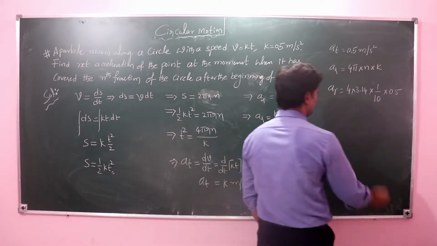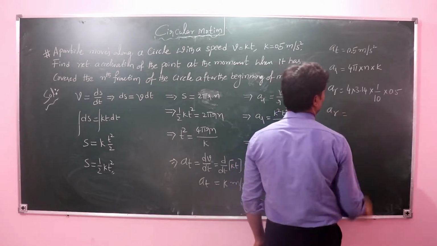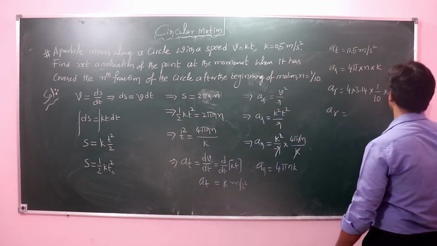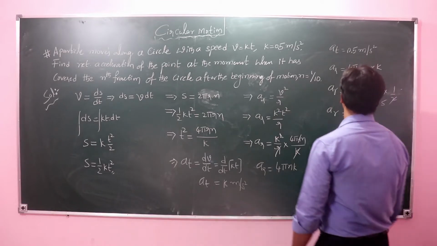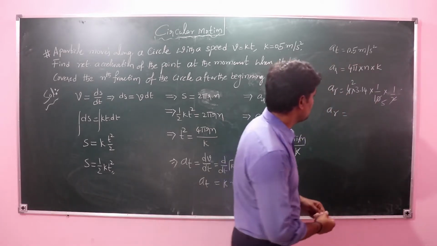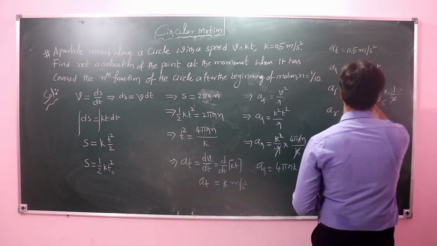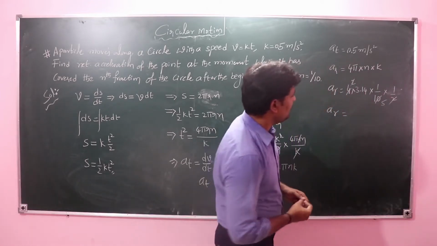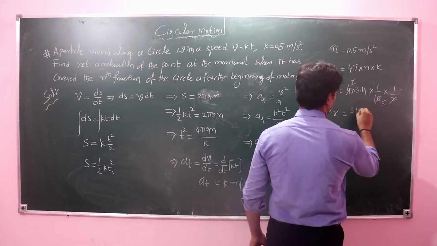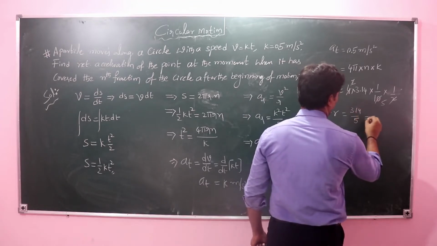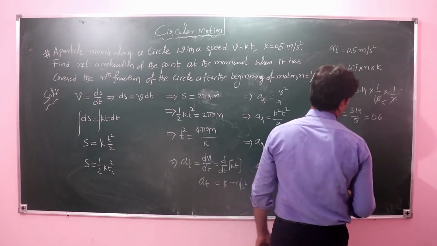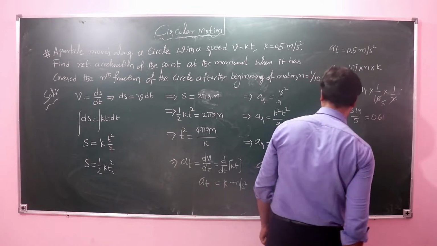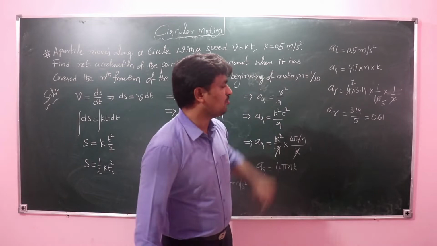How much are you getting? Let's see. I am writing it as 1 by 2; 2 cancels, and this is 5. So the value is simply 3.14 upon 5, which is nearly 0.61, and at is 0.5.